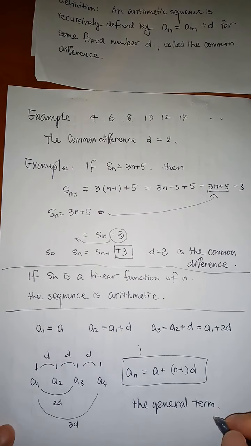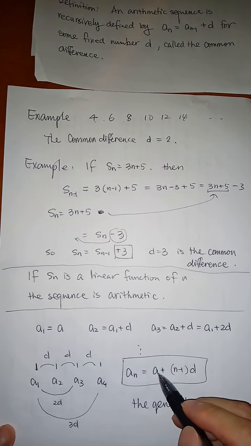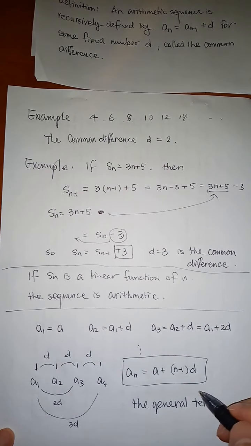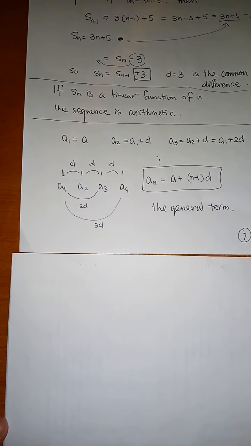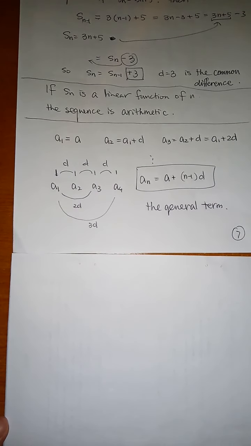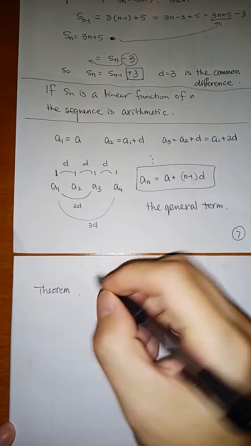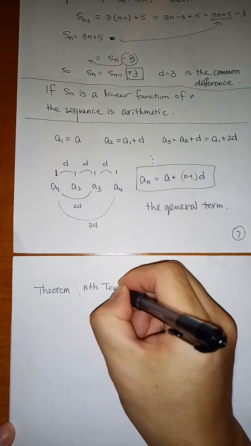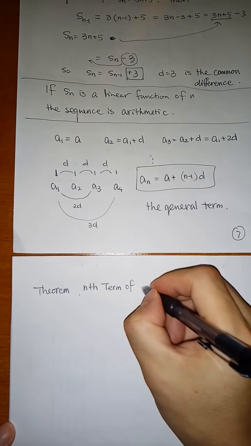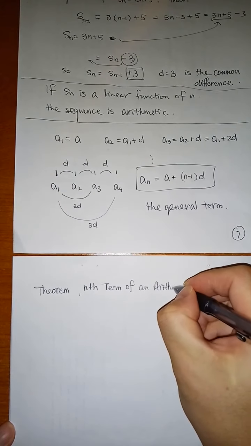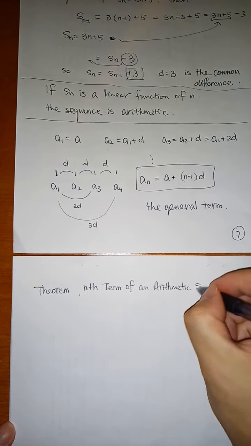The general term of the arithmetic sequence is always the first term plus n minus 1 times d. Okay, so that's a theorem: the nth term of an arithmetic sequence.